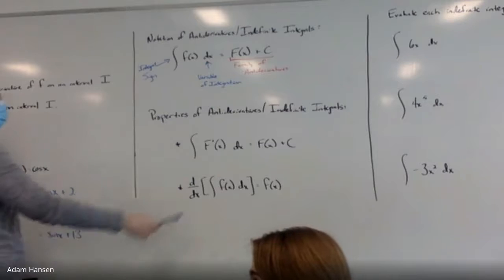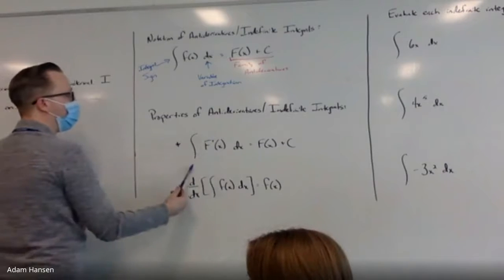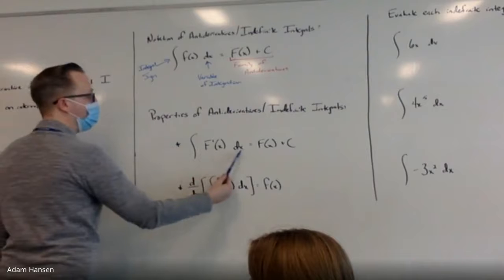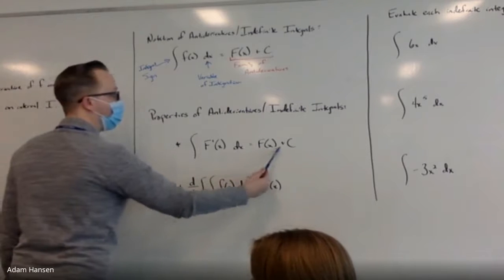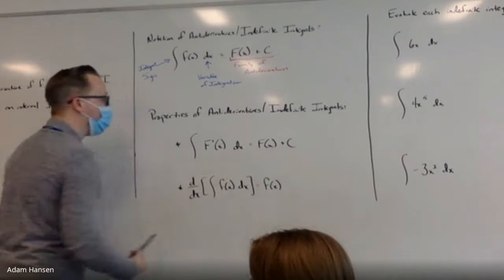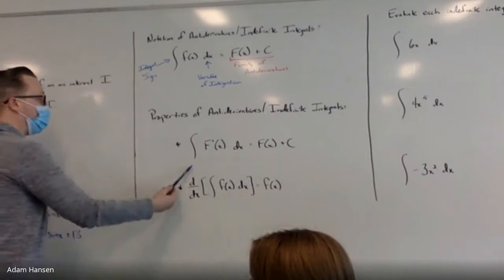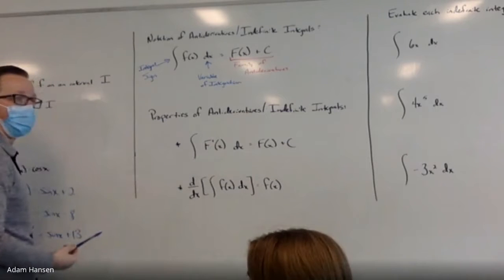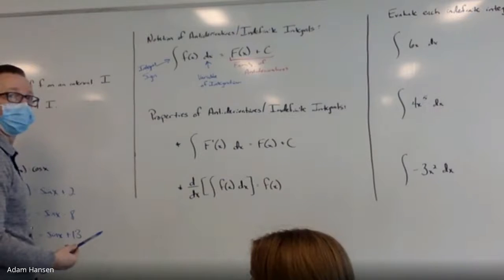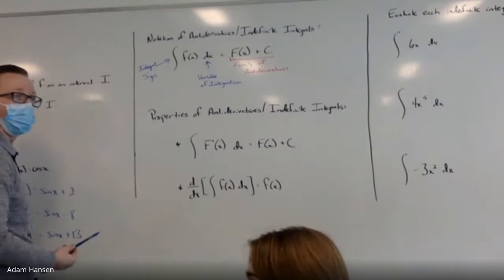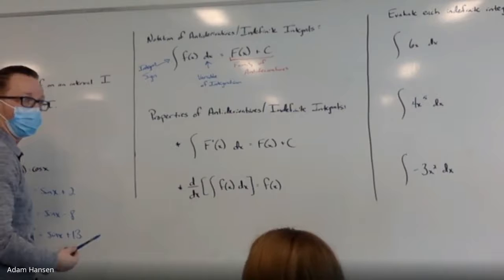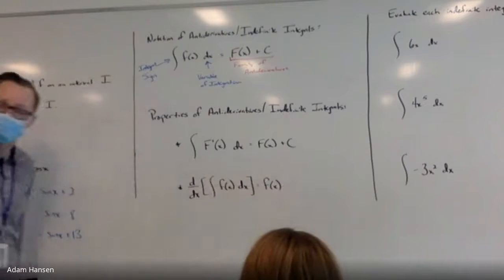A couple other properties of antiderivatives. The integral of capital F prime of x dx equals capital F of x plus c. You take the integral of a derivative, what's going to happen? I take the derivative and the antiderivative at the same time. Cancels itself out to the original function, right?